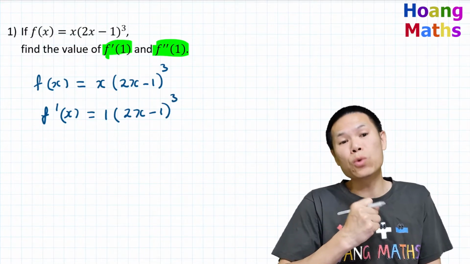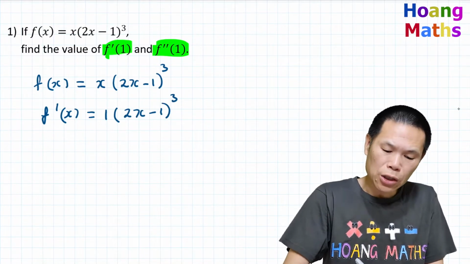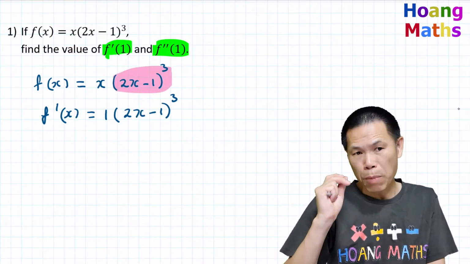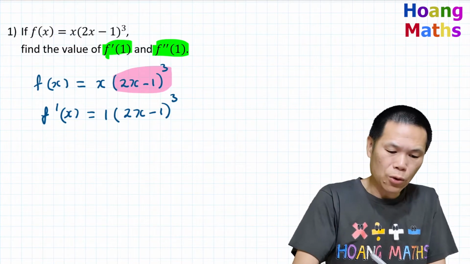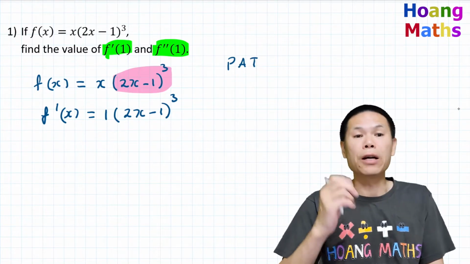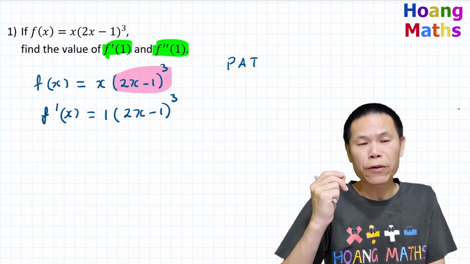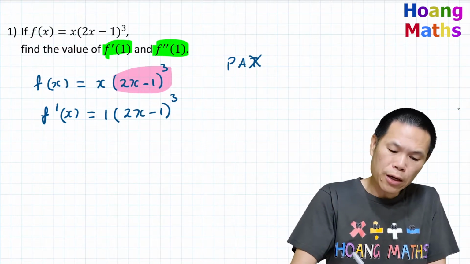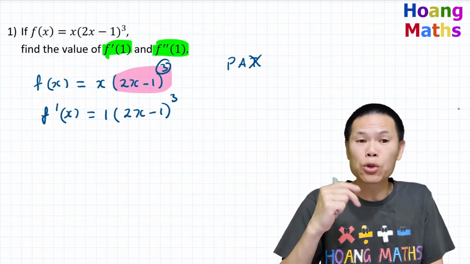So now what we do, we differentiate the second function. So that is (2x minus 1) power 3. So we use the power angle trick. What that means is I differentiate the power, then I differentiate the angle, and I differentiate the trig function. So in this case, there is no trig function, so we can just ignore that. So the power is 3, and then we bring it down, and the power becomes 2.